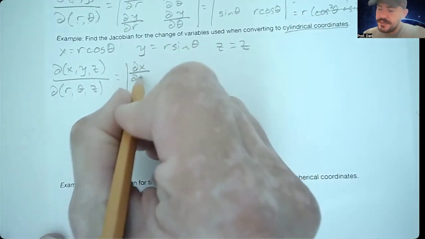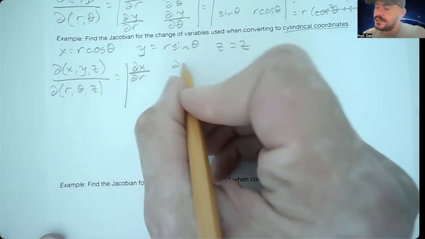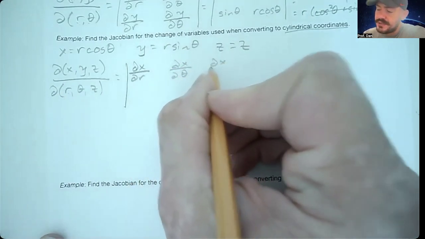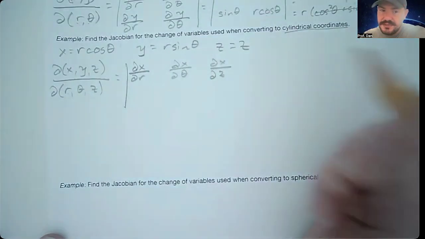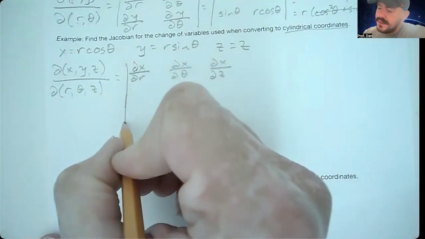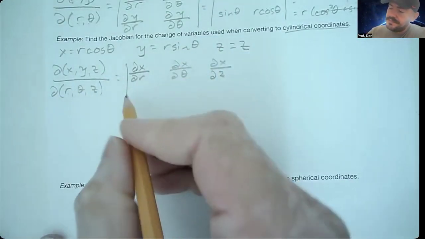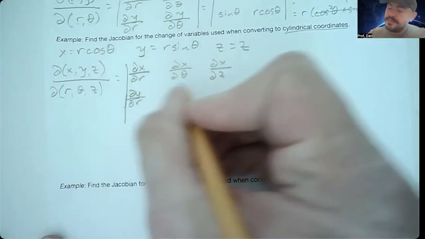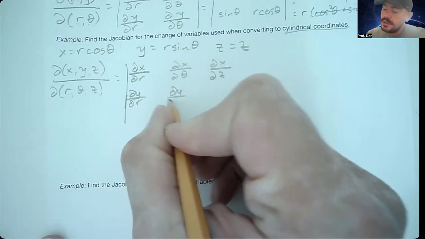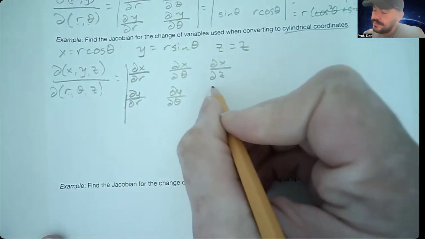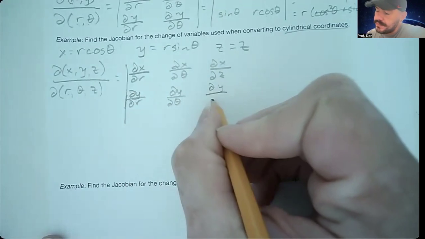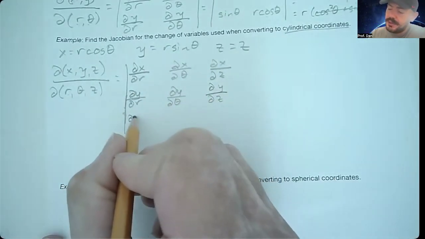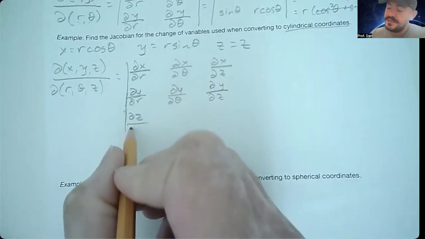So we have partial of x with respect to r, partial of x with respect to theta, and partial of x with respect to z. Then for the middle row, we'll have all of our partial derivatives of y. And for the last row, we'll have all of our partial derivatives of z.